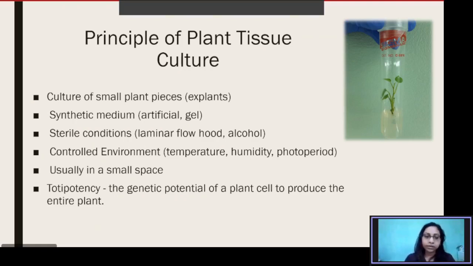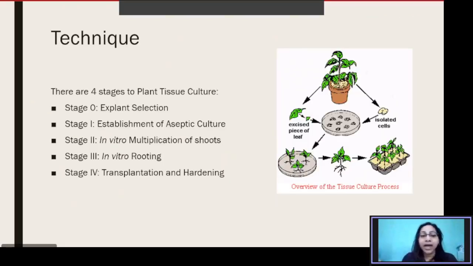So moving on to the technique. There are 4 stages to plant tissue culture, 5 if you count explant selection. So these stages are stage 0, where you take a piece or any part of the plant that you wish to culture. Then you establish it aseptically in culture, which really means it's free from microorganisms.